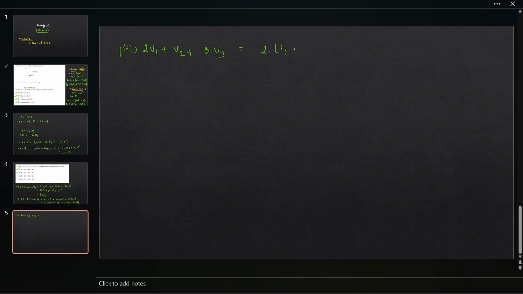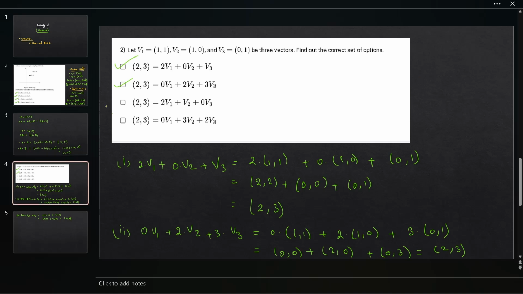So it's 2 times (1, 1) plus v2, (1, 0), and because the last term is just going to become 0, there is no need to write it. So it would be (2, 2) plus (1, 0), which eventually becomes (3, 2). So option 3 is incorrect. It should be (3, 2), not (2, 3).